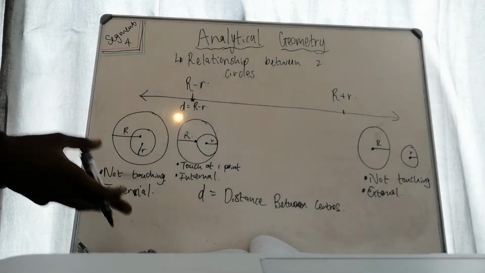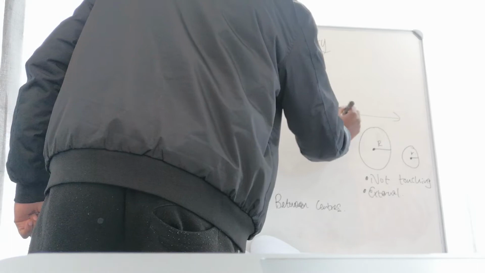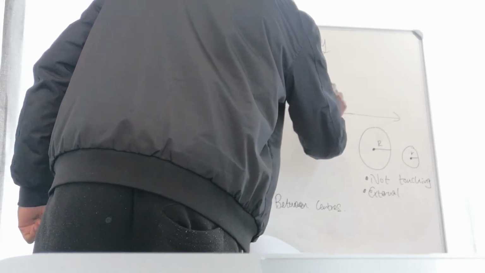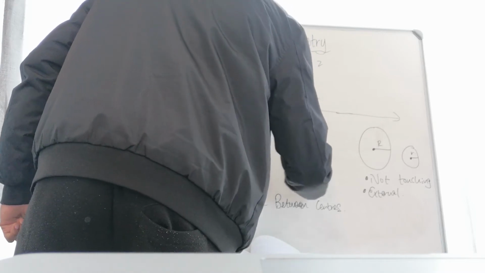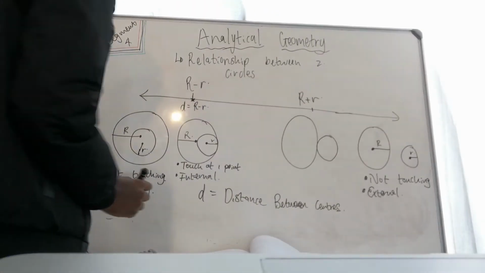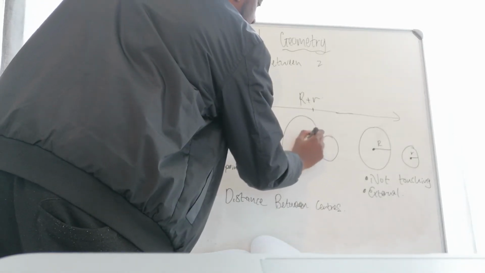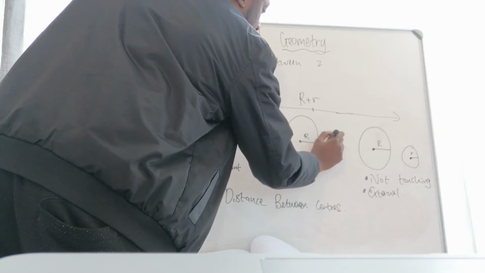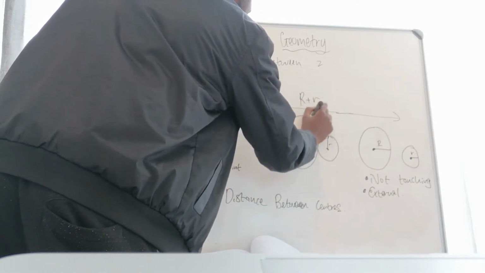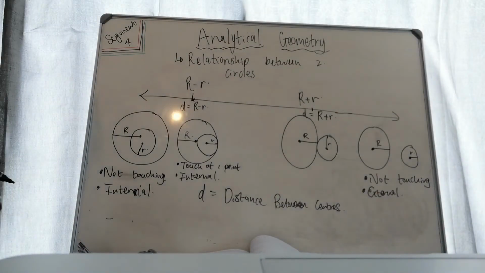Right? And then what about this one right here? Let me bring it a little bit closer so that it doesn't look like it's the same as that one. These look like this. That's the first one I drew. They also touch, but they're touching externally. So here is when D is equal to R plus the small letter r.